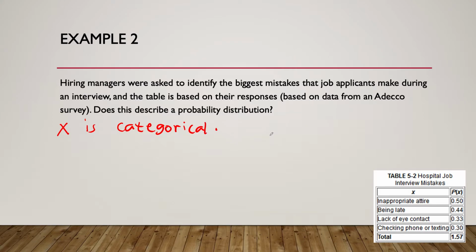So it fails the very first definition of a probability distribution. But despite that fact, we can also see here, if we add up all these probabilities, we get a value of 1.57. And that is much greater than 1. So because of these 2 things, it is not a probability distribution.